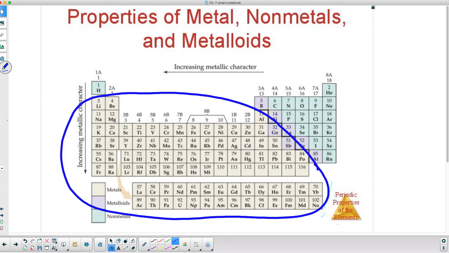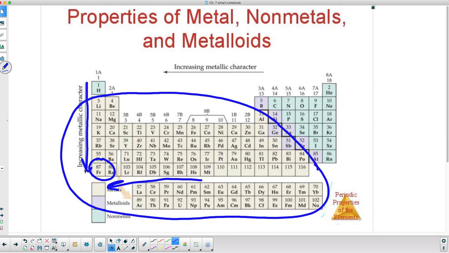As you can see in my periodic table here, metallic character increases as you go down, and it increases as you go from right to left. If you want to remember the trend for metallic character, just remember francium is the most metallic metal. Where it is on the periodic table will tell you how the trend goes. It increases as you go down and increases as you go to the left.